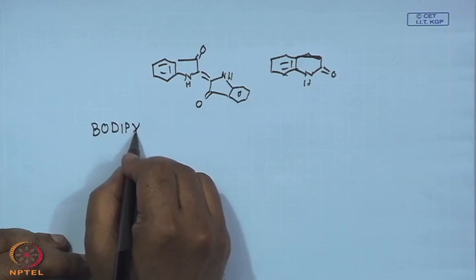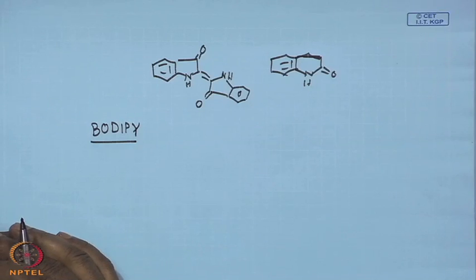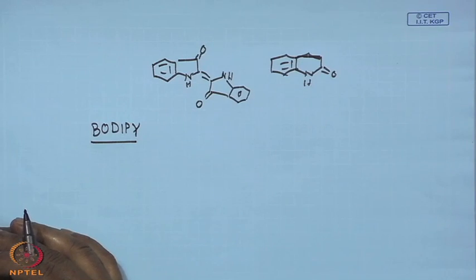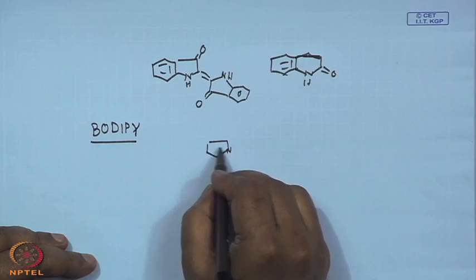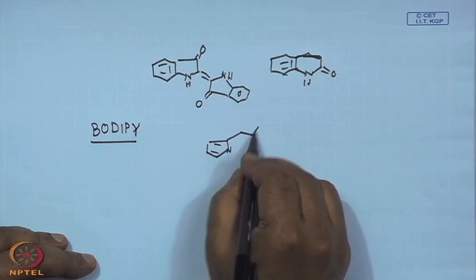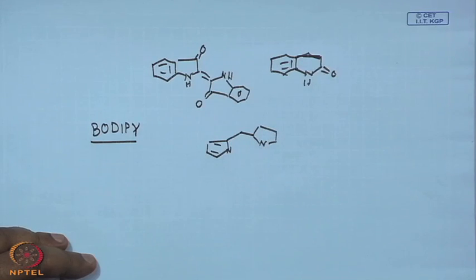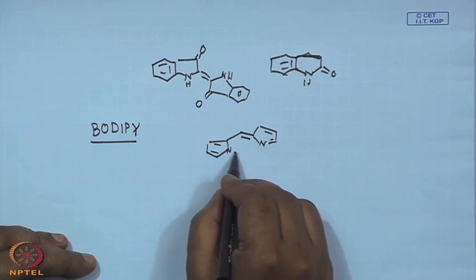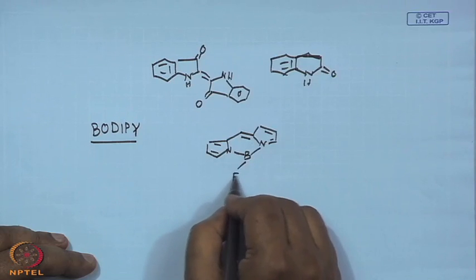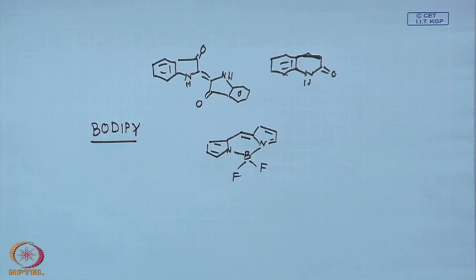Then there is a very important upcoming class of dyes, pretty famous now, called BODIPY dyes. They are an important class of fluorescent dyes, and structurally it is a bipyridyl-like system with double bonds here and there, and this is the basic unit.